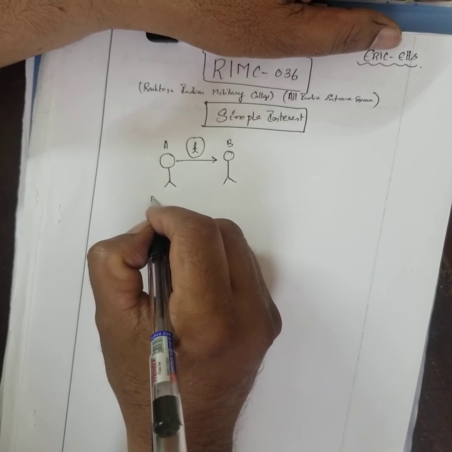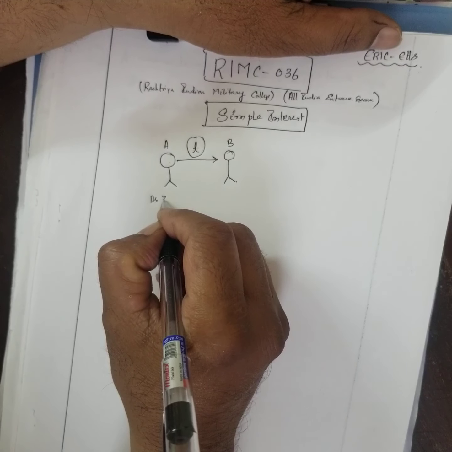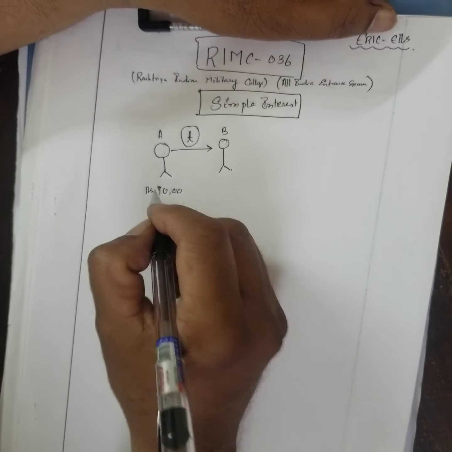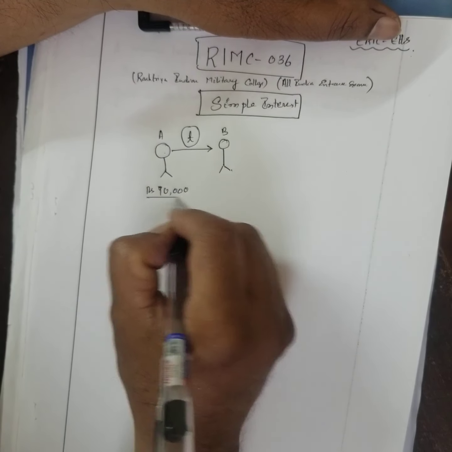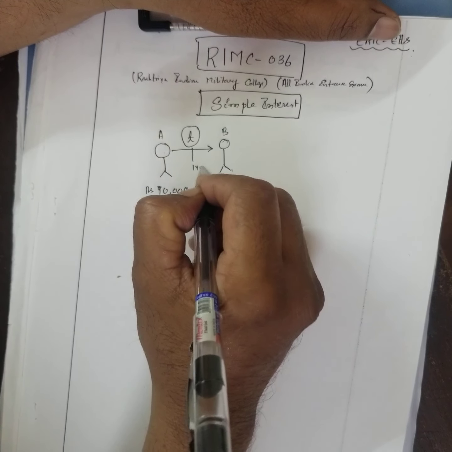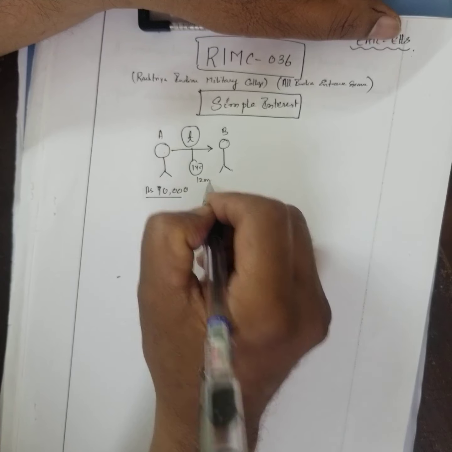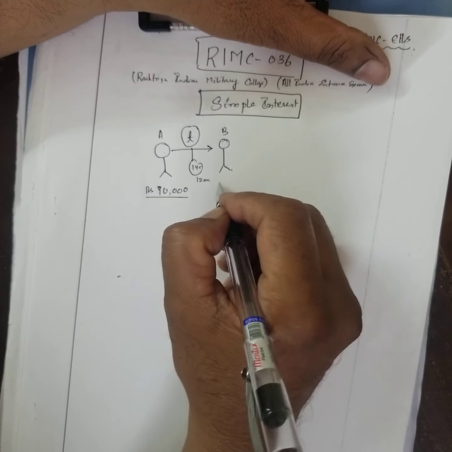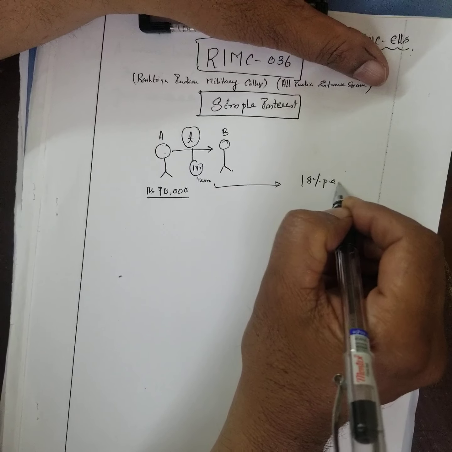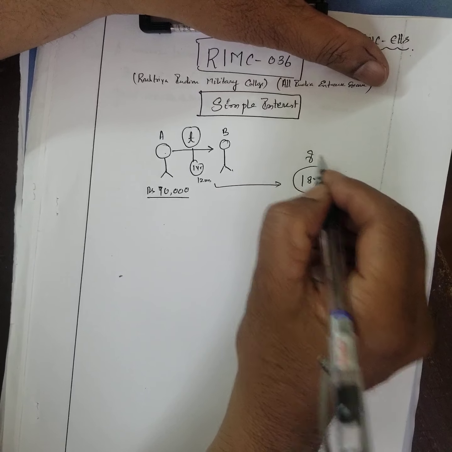For example, he borrows rupees 10,000 for 1 year, that is 12 months. What is the interest? Suppose the interest is 18% per annum.